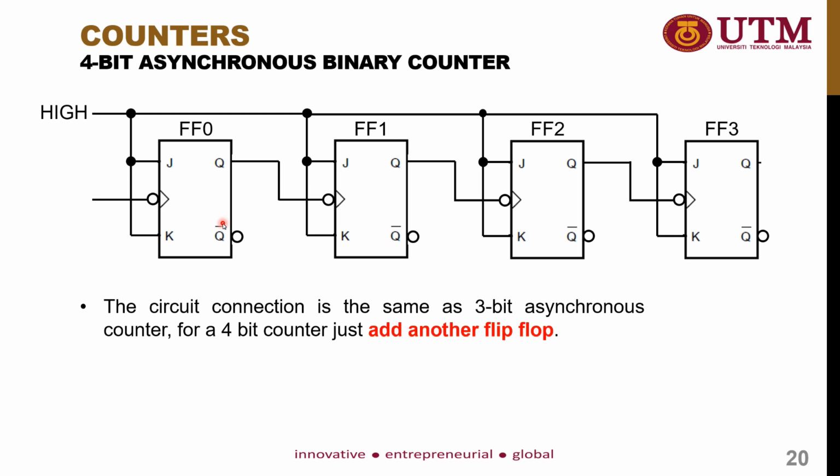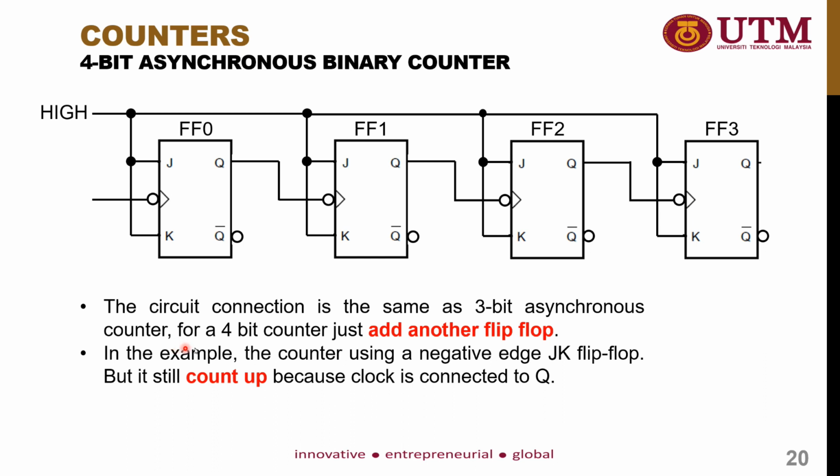Later on I will show you the differences between count up and count down counters, and also the positive edge and negative edge triggered counters. In this example, the counter uses a negative edge JK flip-flop, as I mentioned, but it still counts up because the clock is connected to Q.